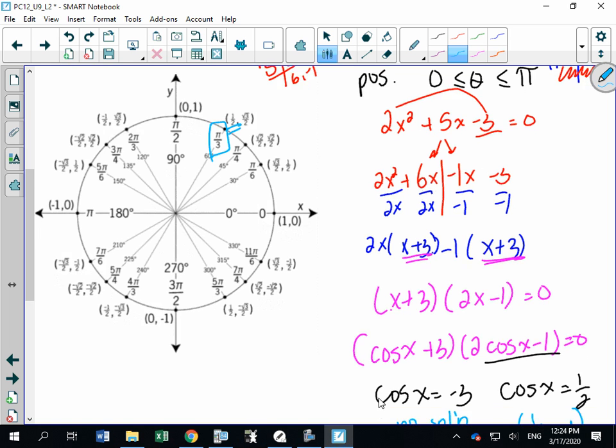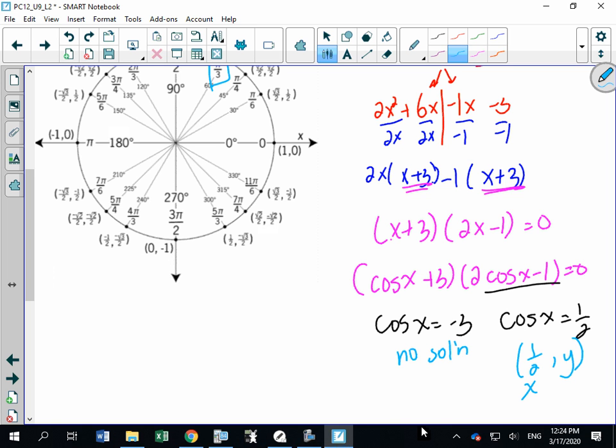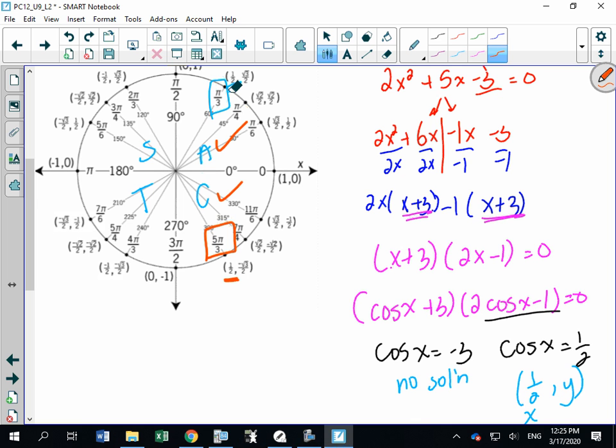And then according to CAST rule, so C-A-S-T, cos is going to be positive in quadrant 1 and in quadrant 4. I'm looking at, again, where's x 1/2? There's my second one, which is 5 pi over 3. So I have two solutions, pi over 3 and 5 pi over 3.